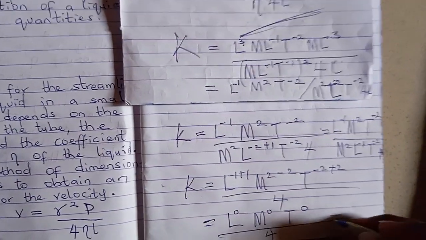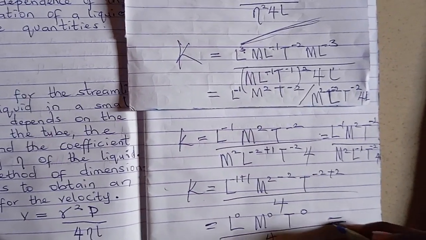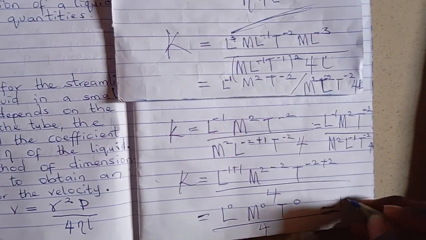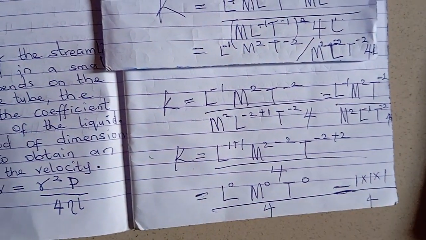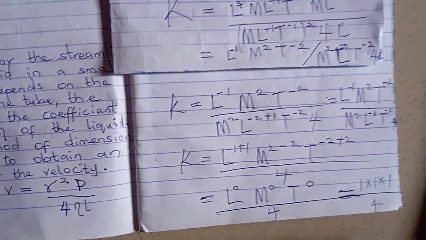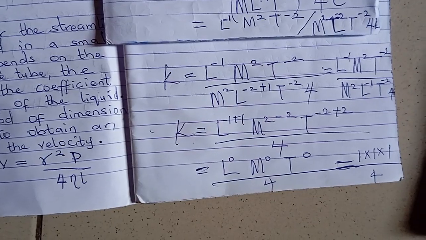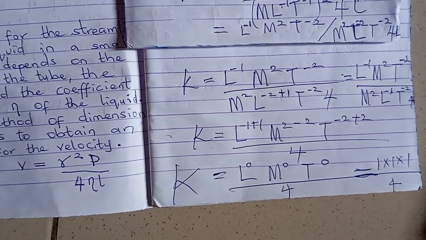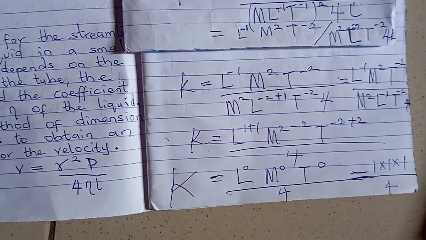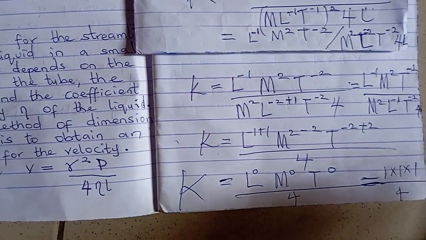This is 1 times 1 times 1 all over 4, which is 1 over 4. So our k is simply 1 over 4. If we solve it by dimensional analysis, k is simply 1 all over 4. Thank you.